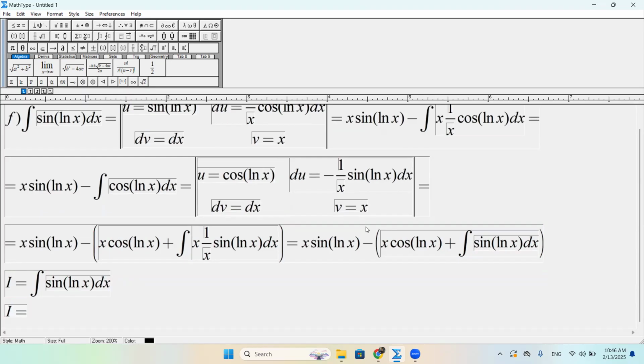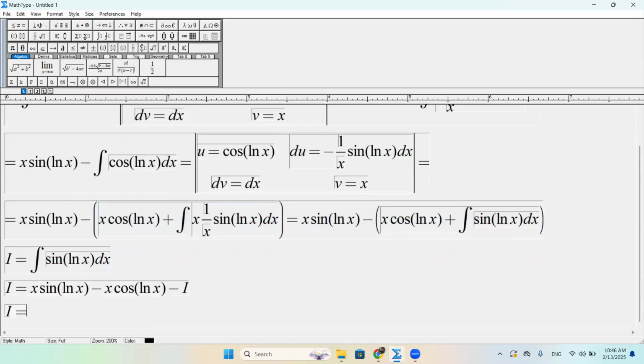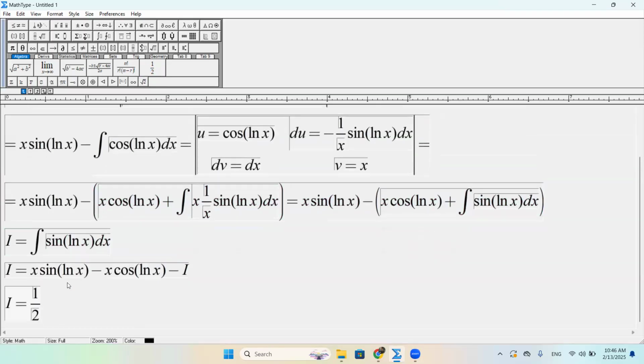I equals this minus x cosine of logarithm x minus I. So I equals one half of this expression plus C. Any questions about this exercise, about the whole lesson?